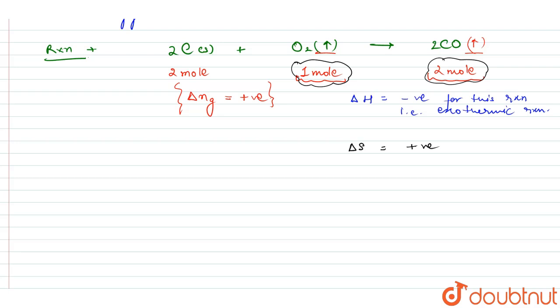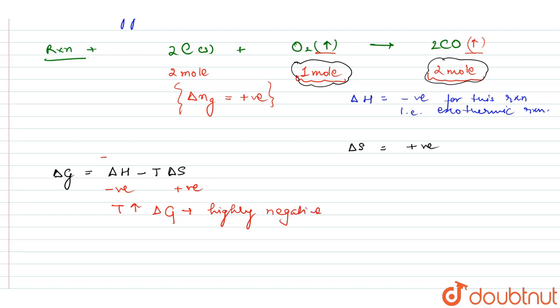And the delta G, that is the Gibbs free energy, delta G, is equal to delta H minus T delta S. So what happens here? As the value of temperature increases, we can see delta H is negative and delta S is positive. So as the temperature increases, delta G becomes highly negative, which favors this reaction.